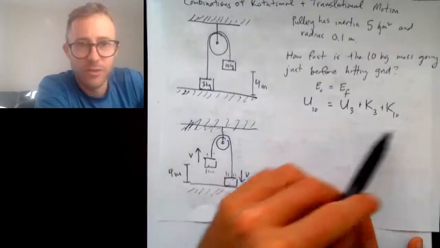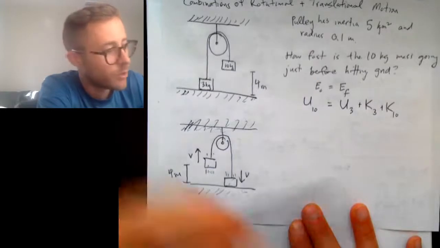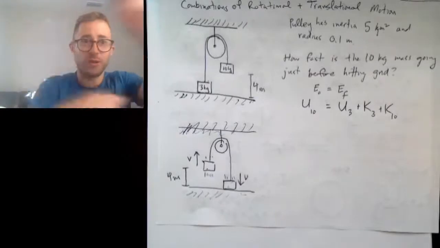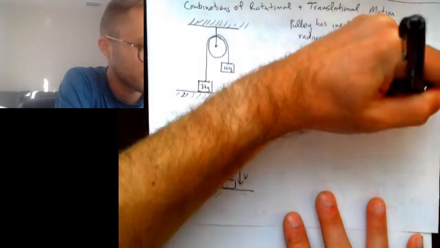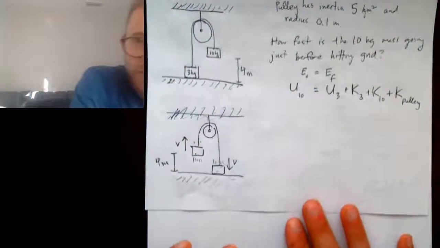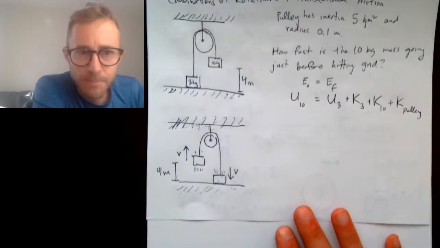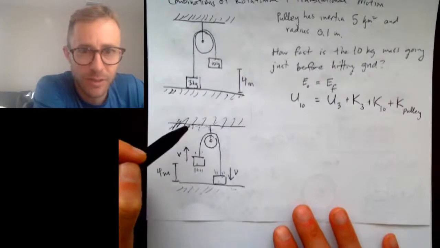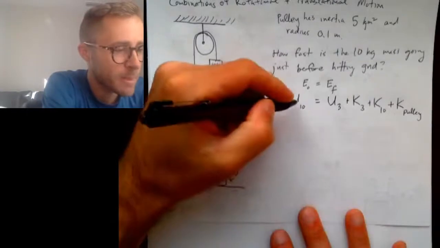And so this is almost our energy equation, but we have one more source of kinetic energy, which is the kinetic energy of the pulley, right? Because as these masses move, the pulley starts turning and it gets rotational kinetic energy. All right. Now, an important point is that the pulley only has rotational kinetic energy because it's staying in the same place. It's spinning in place. Okay.